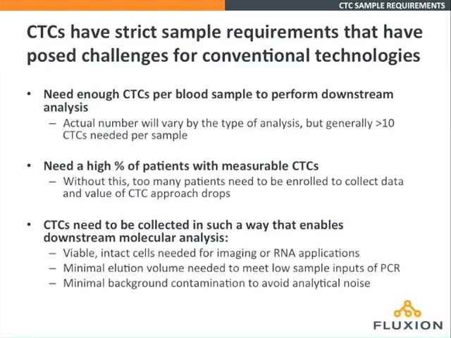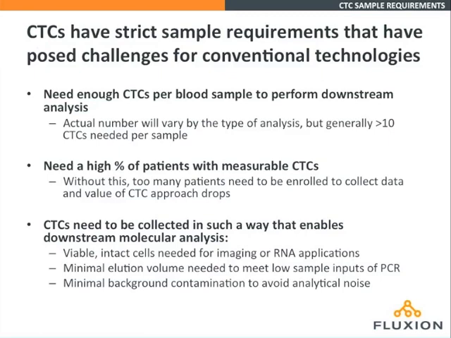Also important is the sample format. We felt that we needed an appropriate sample to transfer to the downstream assay, like qPCR. Basically, we started out with a number of different requirements. We wanted to have the cells viable and intact.